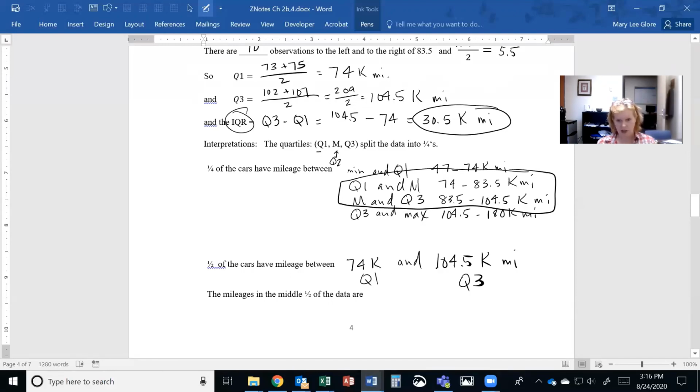And the range of that is just the distance from here to here. So the mileages in the middle half of the data are all within this total distance of each other. So this is all within this IQR, which we measured, this minus this was 30.5 thousand miles. So all of those cars that are in the middle are within 30.5 thousand miles of each other.